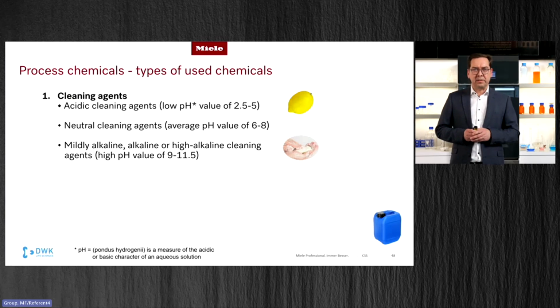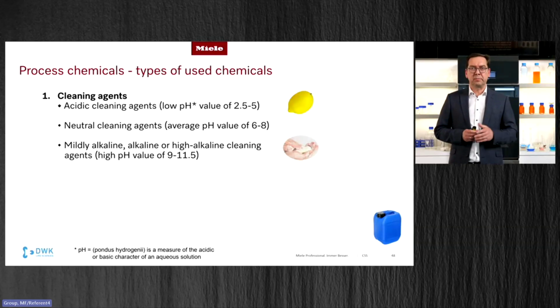And the third group, and that is the most often used group, are the detergents based on alkalinity. So it can be mild alkaline, alkaline, or high alkaline cleaning agents that have a pH range of 9 to 11.5.